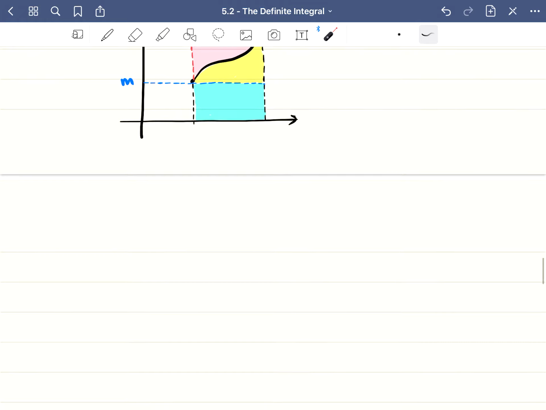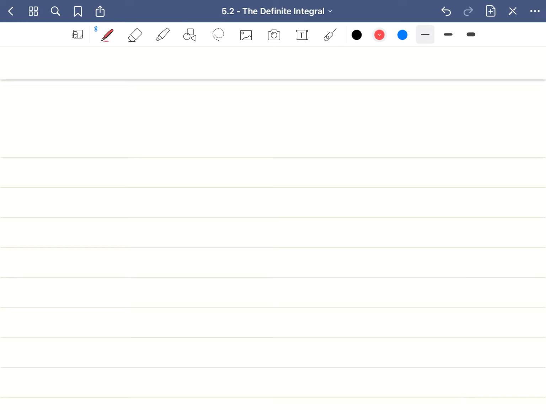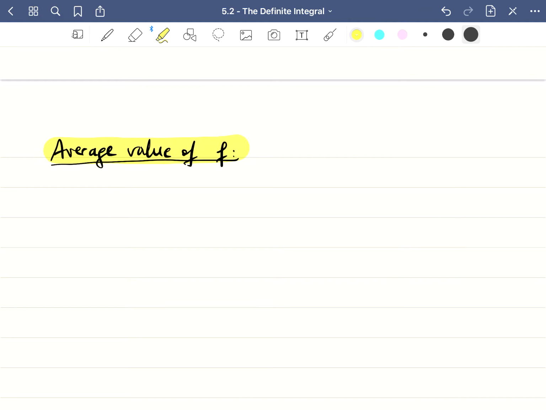Okay, so let's discuss the average value of a function. So the average value of f. If you have a function, then we are going to define a way to find the average of this function.